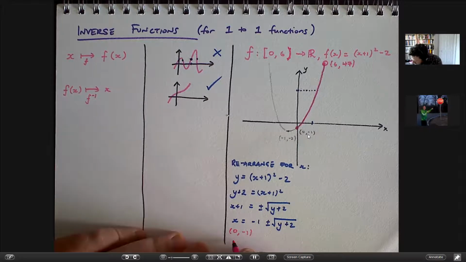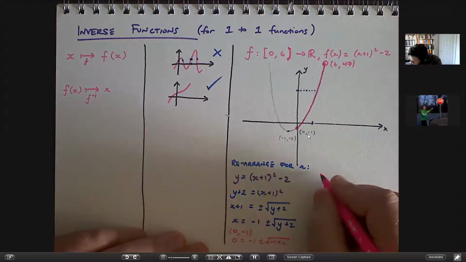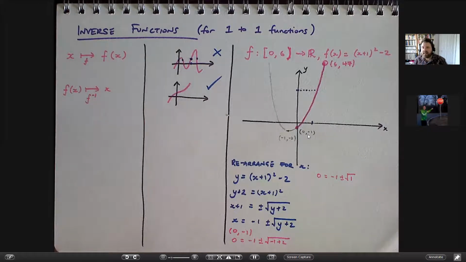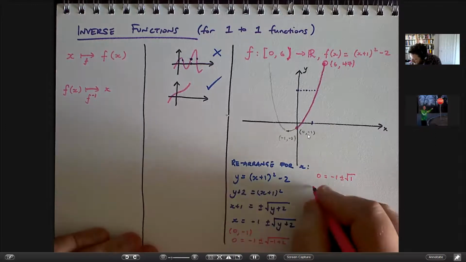So 0 equals -1 plus or minus the square root of -1 plus 2. So 0 equals -1 plus or minus the square root of 1. And so we're looking at that and we're saying, well, is it the plus or is it the minus? It needs to be the plus. Right? The minus doesn't work, so it must be the plus.